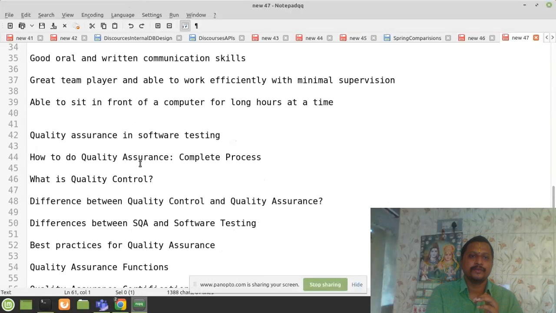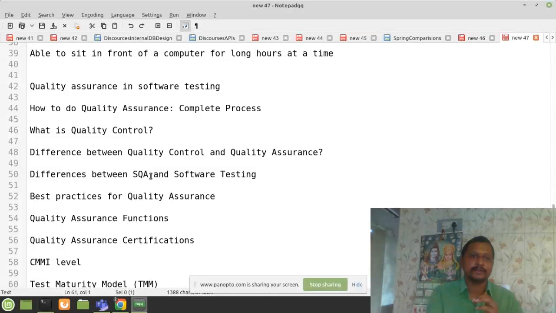And coming to the next video, I am going to discuss quality assurance in software testing, how to do quality assurance, and I will explain the complete process, and what quality control is, the difference between quality control and quality assurance, the difference between SQA and software testing, what best practices we need for quality assurance, and also quality assurance functions.